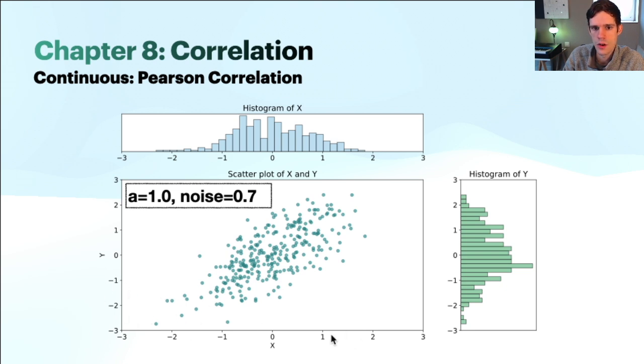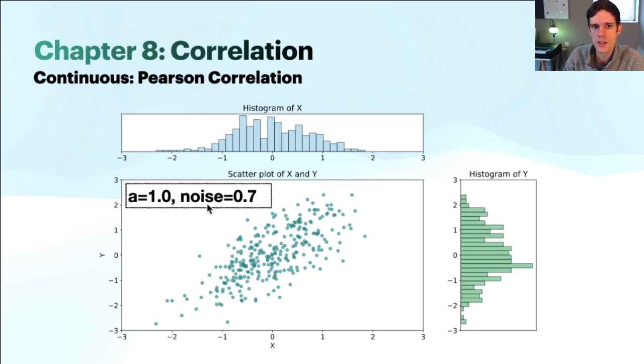Whereas when X is large, around 1 and 2, then Y will also be between 1 and 2. This is a positive relation, because if X increases, then Y increases, or vice versa, of course, because we're talking about correlation. If Y increases, then X also increases. And this is determined by this A parameter.